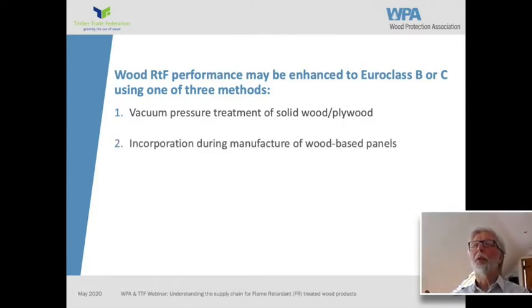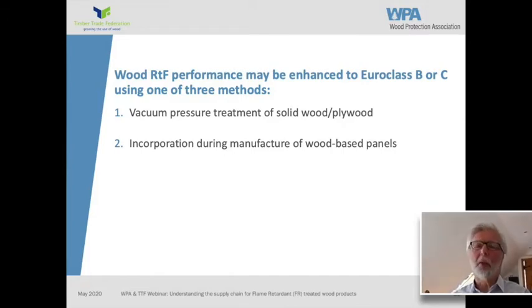The second option is to incorporate the flame retardant in the manufacture of a wood-based panel. We've had FR-MDF on the market for some years. We've also had FR-OSB on the market now for some time, and increasingly we're seeing plywood products offered with the flame retardant built in, either to the glue line or diffused through the veneers, or both.